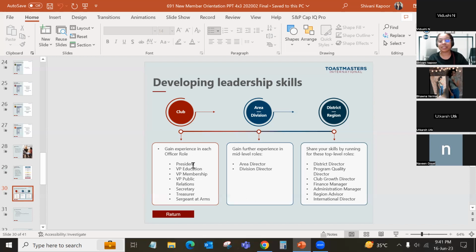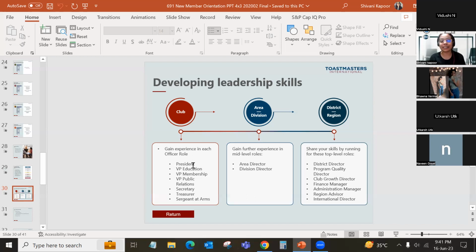And then comes the President. The President is the presiding officer of the meeting. After the SAA starts the meeting, the person who addresses the guests, welcomes them, and tells the club updates to everyone is the presiding officer. So the presiding officer speaks at the start and at the end of the meeting.